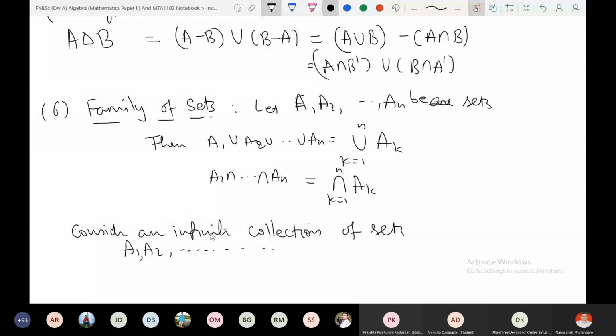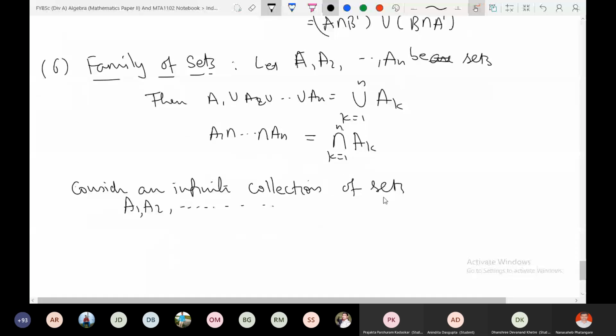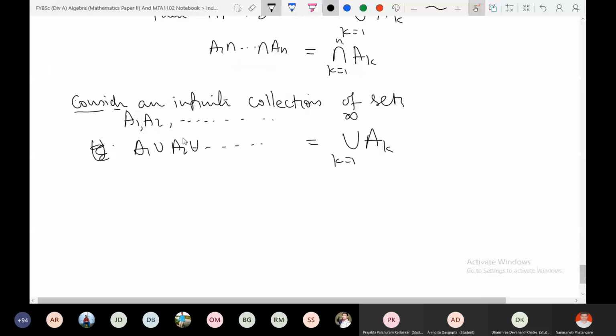I am having infinitely many sets: A1, A2, A3, A4. So this is called an infinite collection of sets. Then I will write A1 union A2 and so on, so the union of this infinite collection is the union of Ak, k running from 1 to infinity. This is a shorter way we write it.